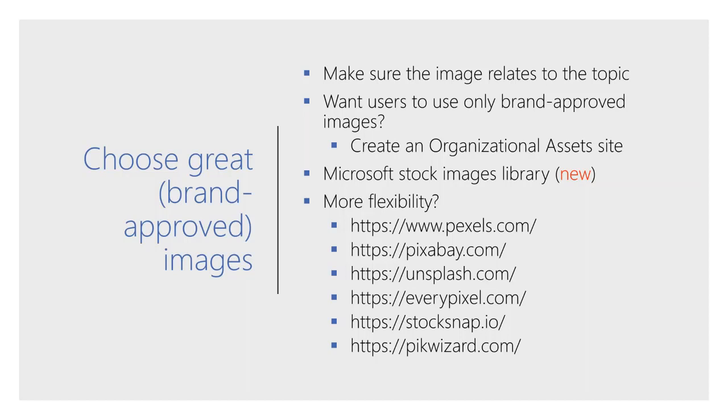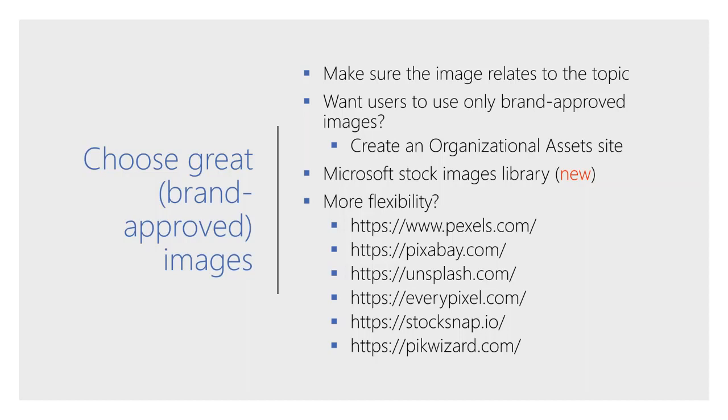So the real question is, where do we get these great images from? Because we want images that are high enough resolution to look good, and we want them to be topical and relevant. Okay, so one is if you're working in an organization that has a collection of brand approved images and the brand police are going to get really mad if you don't use one of those images, then that is a great reason to create an organizational assets site and put all your images there.